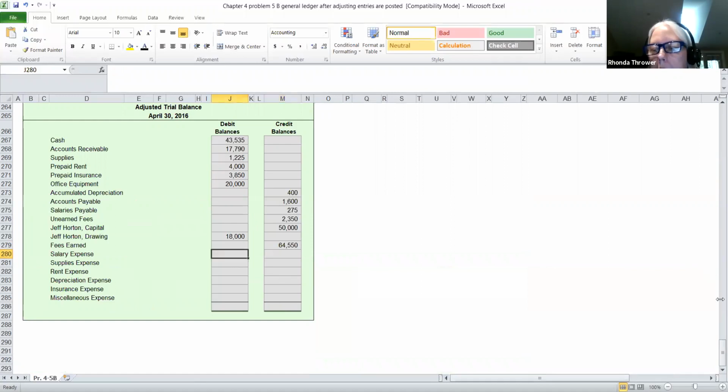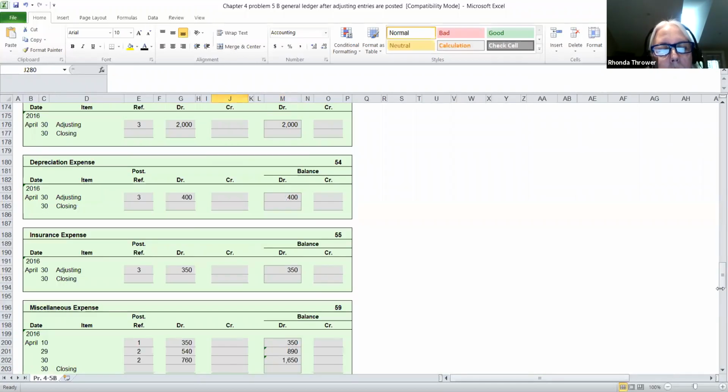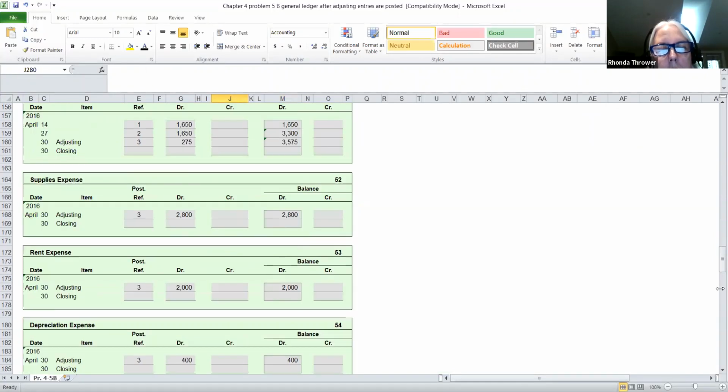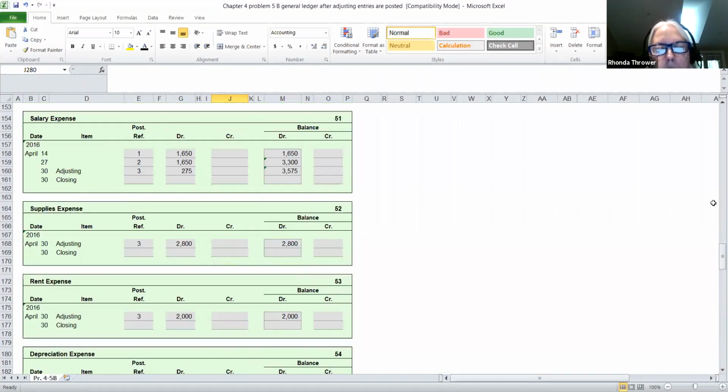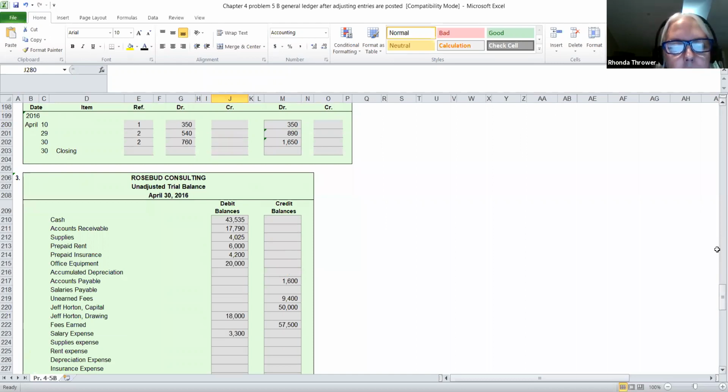Your salary expense is $3,575 after it was adjusted. $3,575.